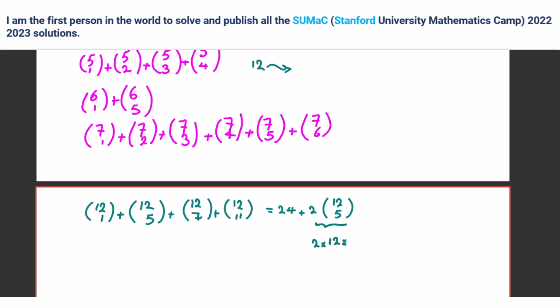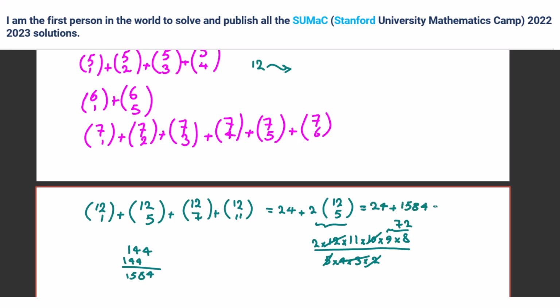It is 12, 11, 10, 9, 8 over 5, 4, 3, 2, 1. So 5 to 10, 4 times 3, 12. So 9 times 8, 72. 2 times 72, 144. 144 is 4, 8, 5, 1. So 24 plus 1584, right? It's 1608, right?